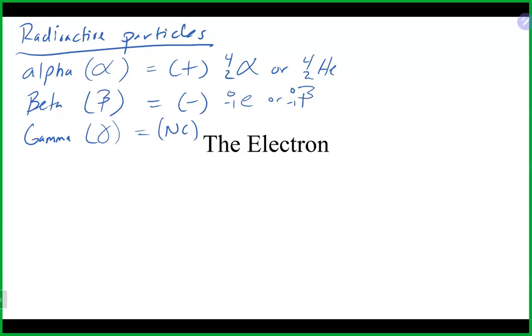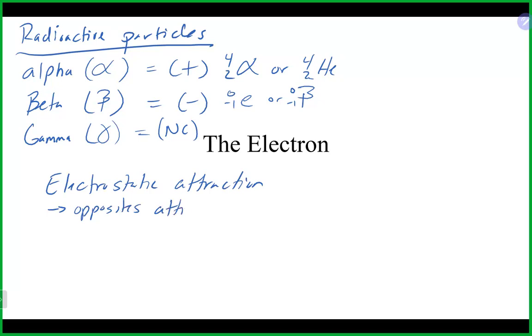Now, a principle that comes up a lot in chemistry is what's sometimes referred to as electrostatic attraction. Electrostatic attraction is a fancy way of saying opposites attract. If you are a positive thing, you are going to be attracted to a negative thing.